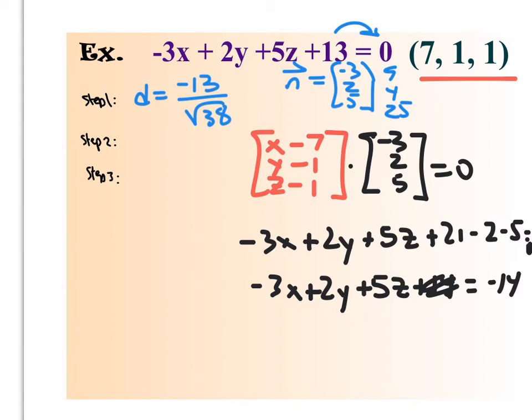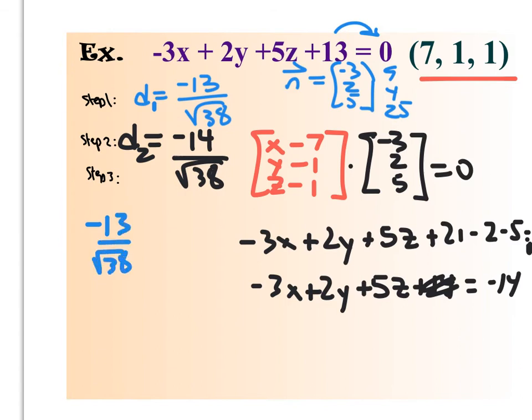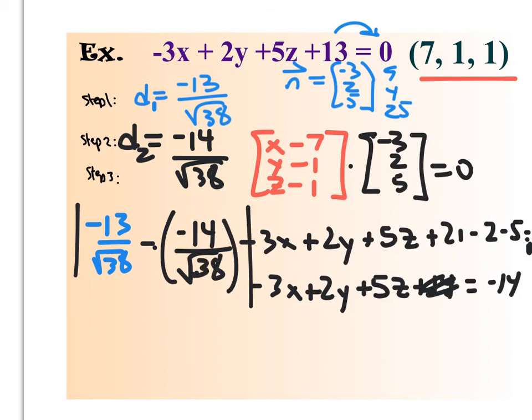Let me check my numbers. Yep. Okay, so now to find the distance from that point to the plane, or to the origin, would be to take negative 14 over the square root of 38. So we've got distance 1, we've got distance 2. We're going to do simple subtraction, negative 13 over root 38 minus a negative 14 over root 38. Looks to be positive 1 over root 38.